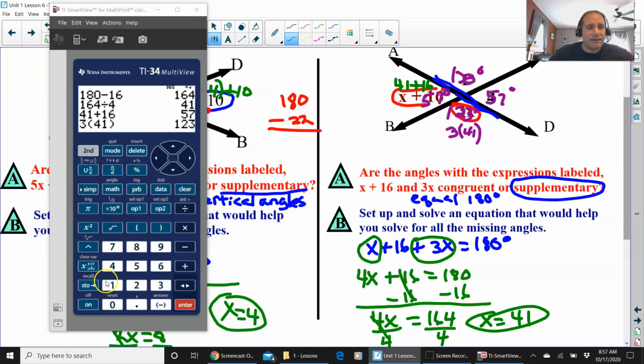And you could just do that in your calculator, 123 plus 57, 180. Straight lines equal 180. These are supplementary, 180 degrees. These are vertical, these are congruent across from each other, they're equal to each other.